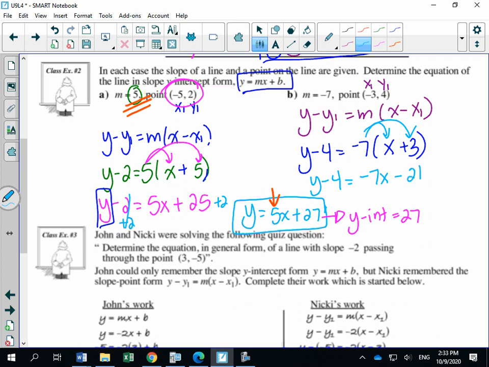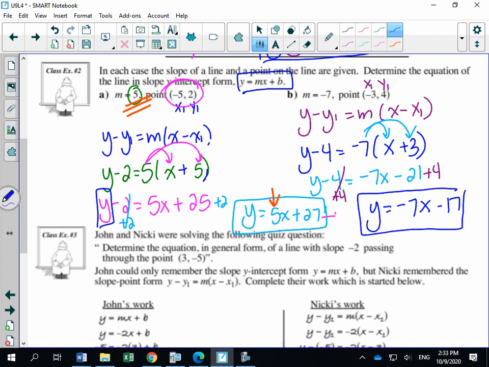From here, the last thing I need to do to isolate my y value is get rid of that 4. So I'm going to add 4 to both sides. And then from there, I've just isolated my y value, and I am now in slope y-intercept form, and my answer would be y is equal to negative 7x minus 17.